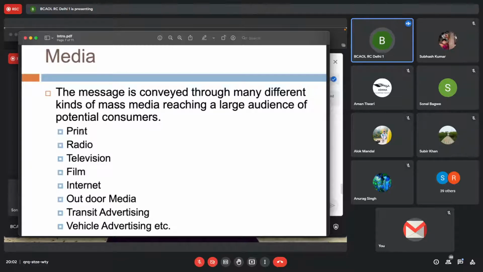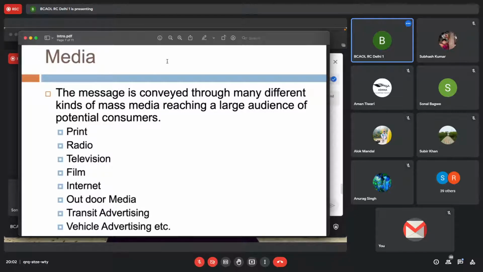So yeah, after print comes your radio. Radio is one of the cheapest forms of advertisement that there is. Even today, when mobile phones are so cheap, still many rickshaw pullers, people in rural areas, people who are humble in their resources, still listen to radio, and it has a wide reach.